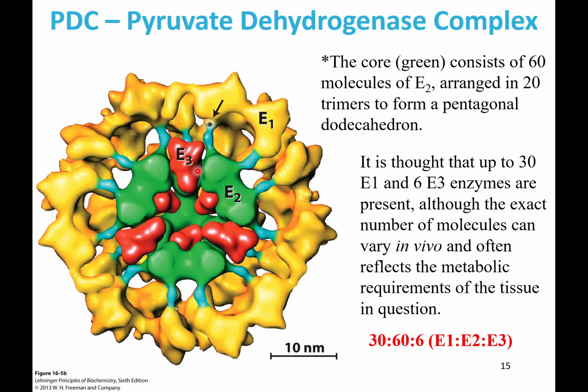So the ratio of E1, E2, and E3 in this complex is 30 E1s, 60 E2s, and 6 E3s. Right? So that's a very, very big complex. You have a lot of copies of these enzymes close together. The ratio can change, though, reflecting the metabolic requirements of the tissue in question.